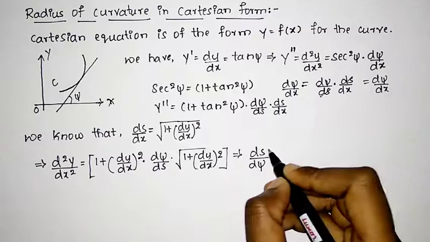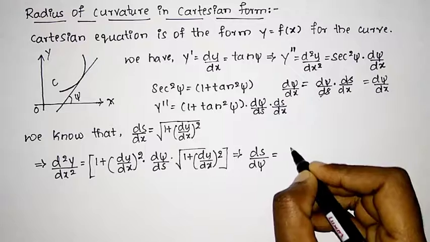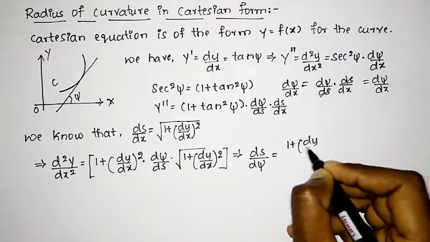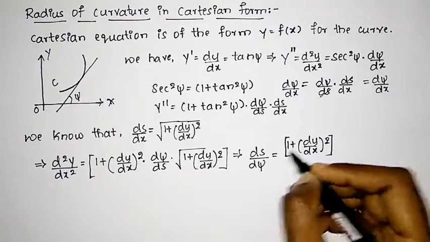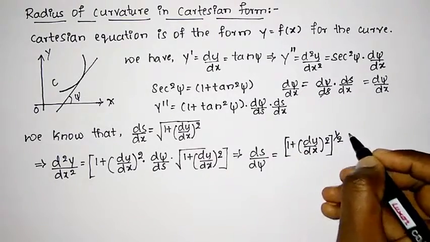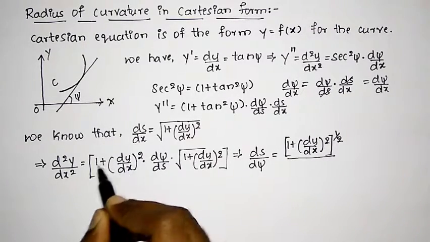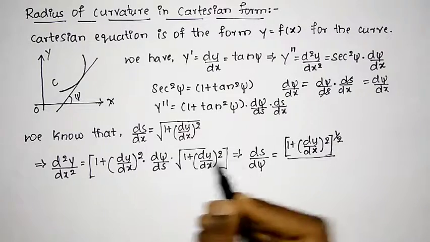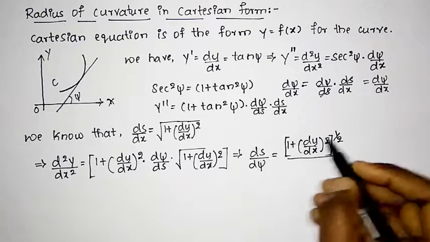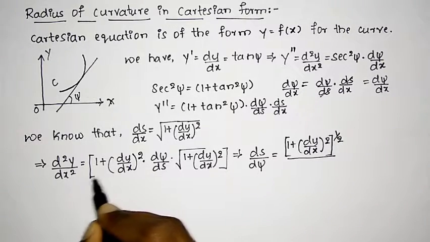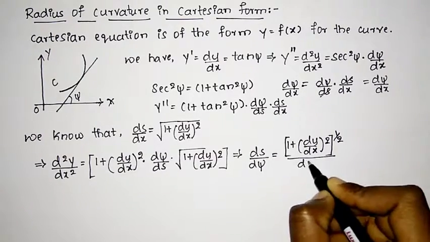The square root can be written as a power of 1 by 2, so the square root is replaced by 1 by 2 and the remaining is d square y upon dx square.